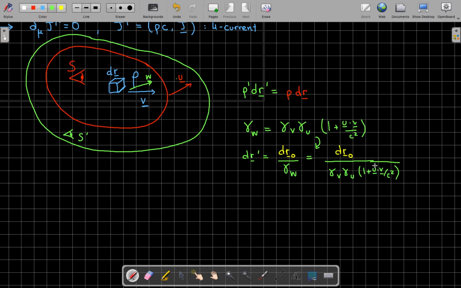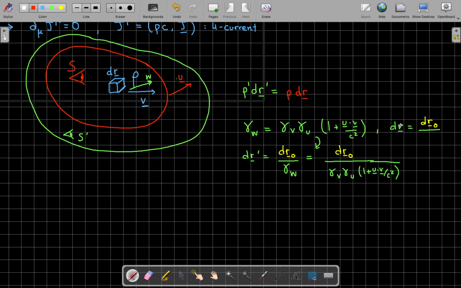Okay, but now we also have to note that in frame S, dr is going to be equal to dr 0 divided by, now this time, the gamma factor of the speed of the charge relative to S. And the speed of the charge relative to S is v.